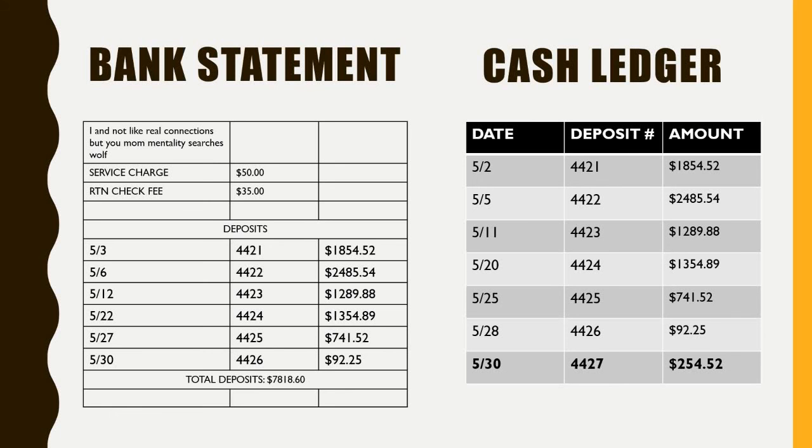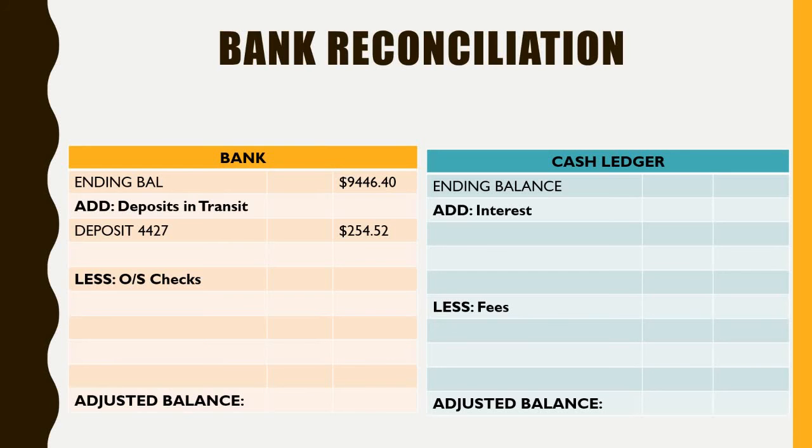There are a lot of factors that you need to know. So in this case, because I deposited so last minute, the bank hasn't had time to process or recognize it yet. So I know the total amount of $254.52 is going to be a deposit in transit. It hasn't cleared in my bank yet. So I'm going to go ahead and add this number in here.